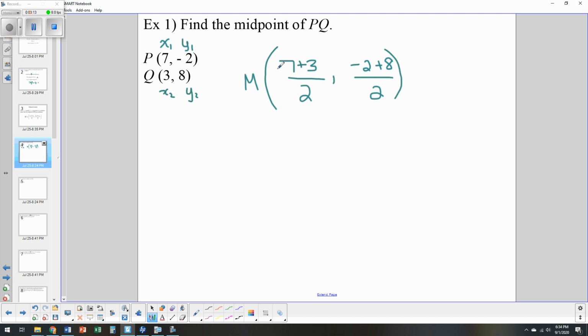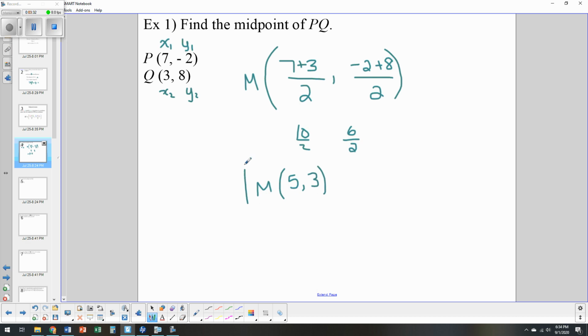So now I'm going to simplify. 7 plus 3 is really 10 over 2. Negative 2 plus 8 is really 6 over 2. So that means my midpoint is 5, comma, 3.